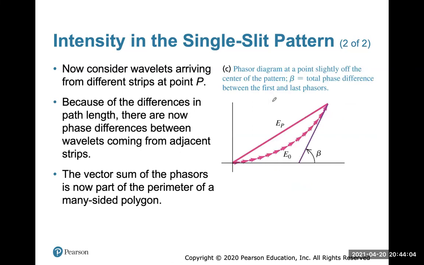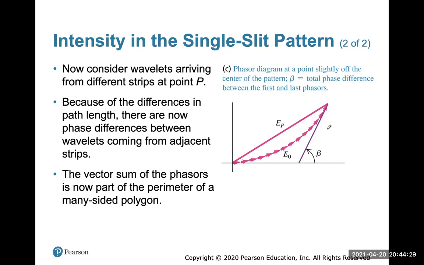The angle between one and the next, that's a consistent angle. All together, if we consider 1, 2, 3, 4, 5, 6, 7, 8, 9, 10, 11, 12, 13, 14 of them, apparently.